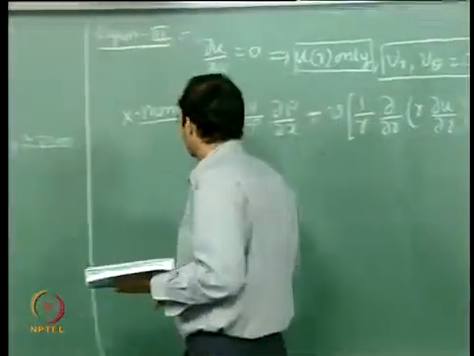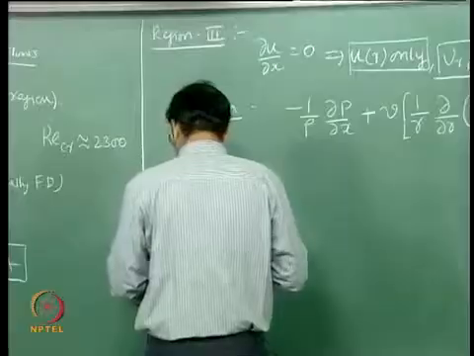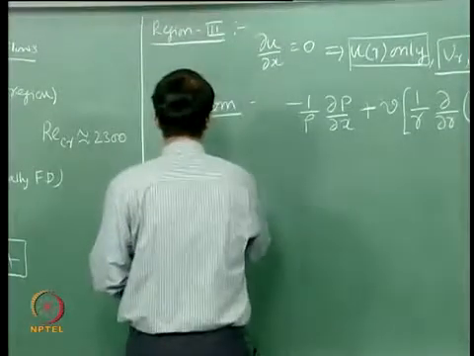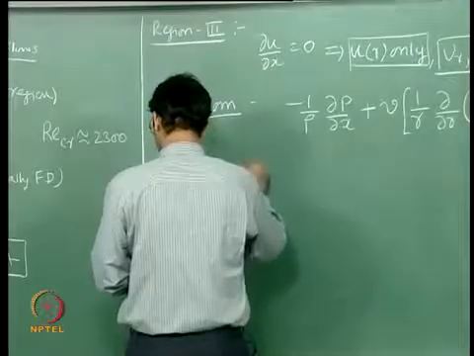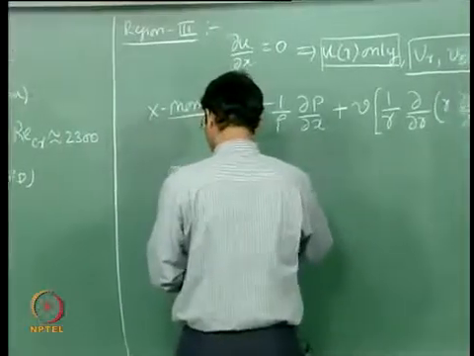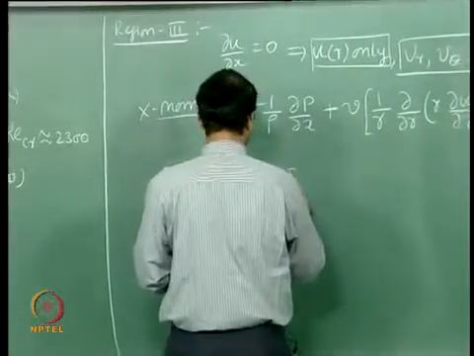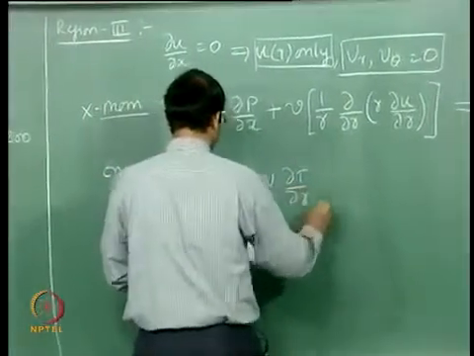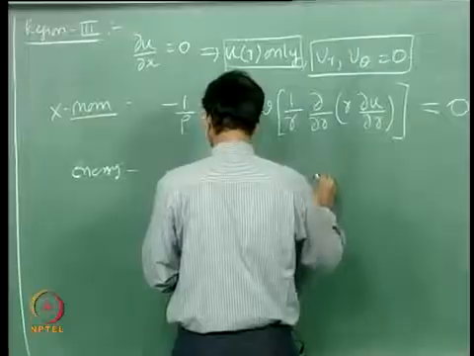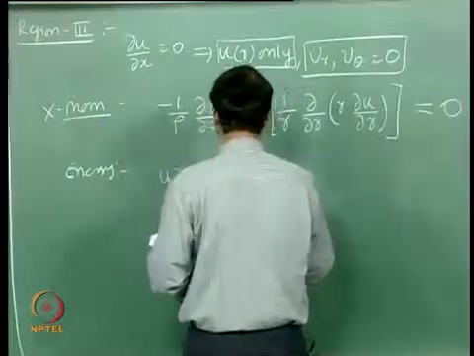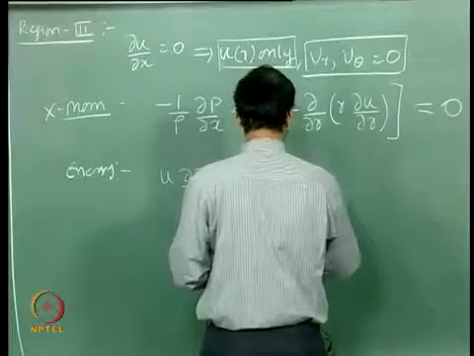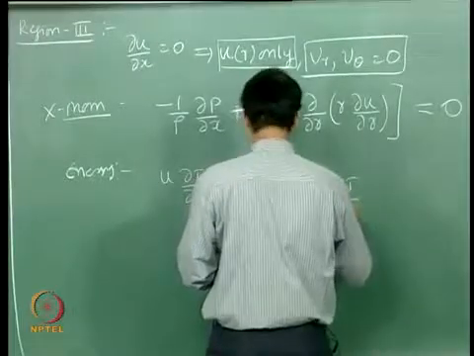Okay, so let us write down the energy equation. The complete energy equation is u dT by dx plus v dT by dr in the cylindrical coordinate system, plus v theta by r dT by d theta.